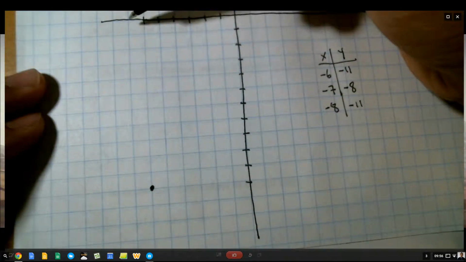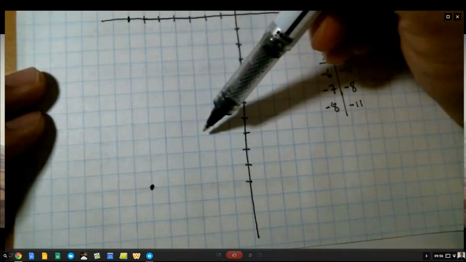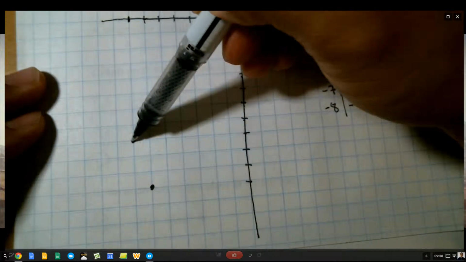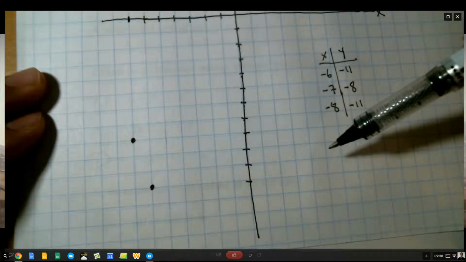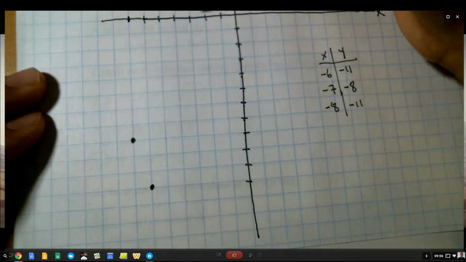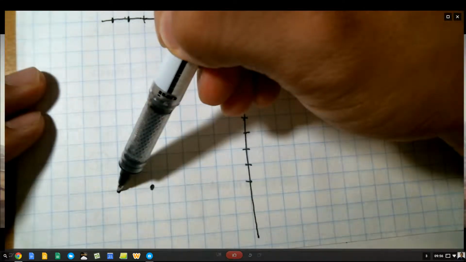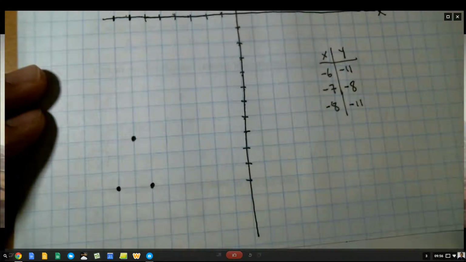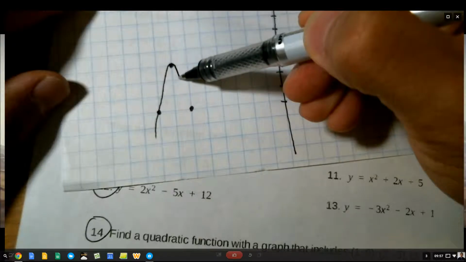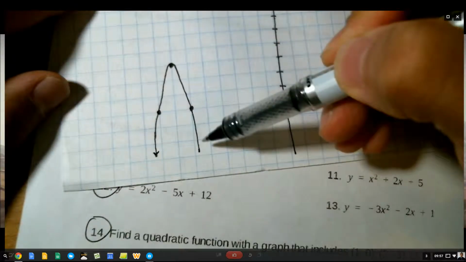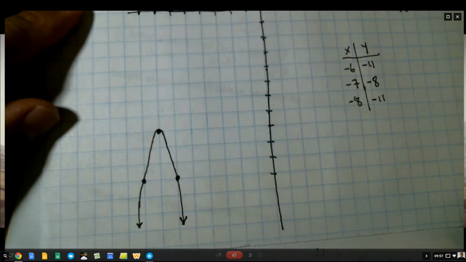At negative 7, we said it was negative 8. And at negative 8, we said it was negative 11. So I count down 11 for the first coordinate, 8 for the vertex, and 11 again for the last point. Okay, so our graph looks something like this.